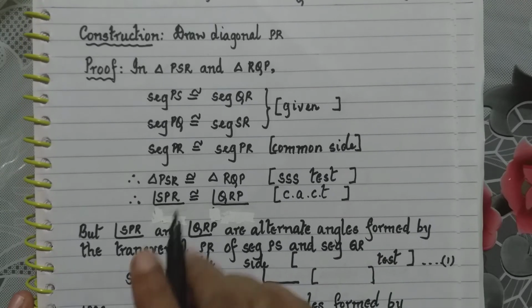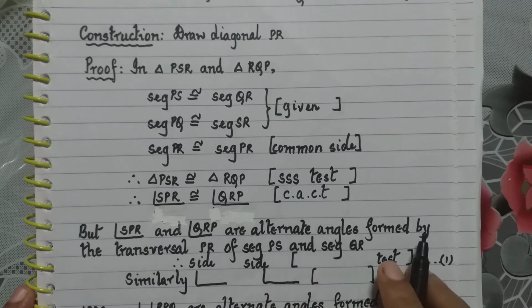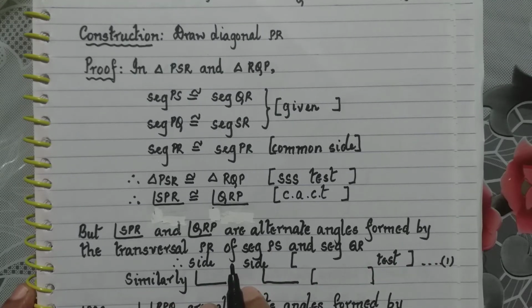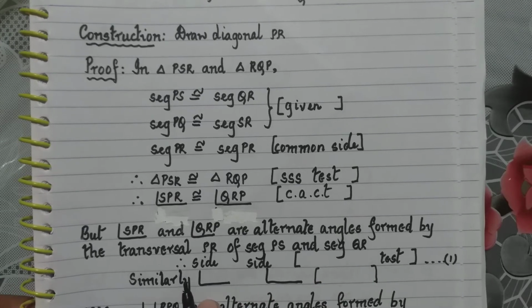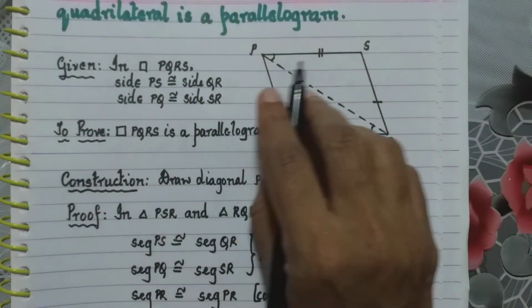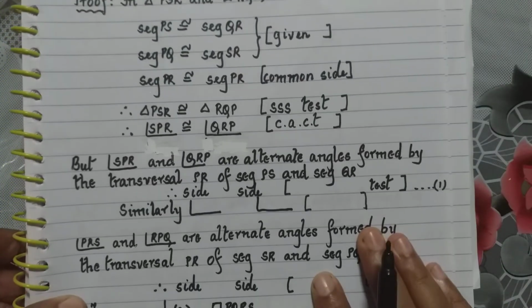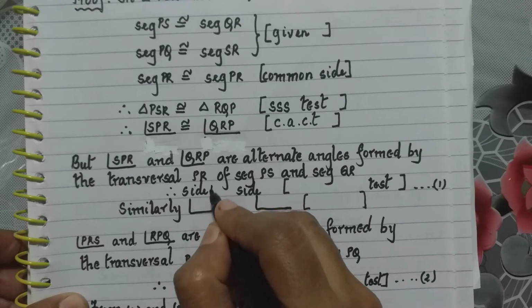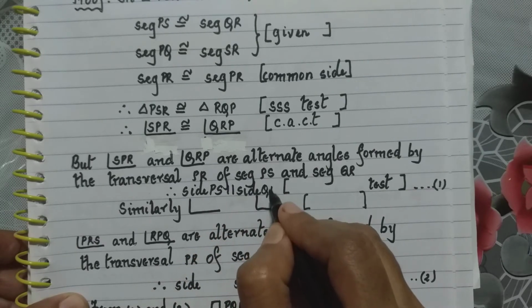Then we said, but this angle SPR and angle QRP are alternate angles formed by the transversal PR of segment PS and segment QR. Therefore, sides PS and QR are parallel. So, we will write, therefore, side PS is parallel to side QR.